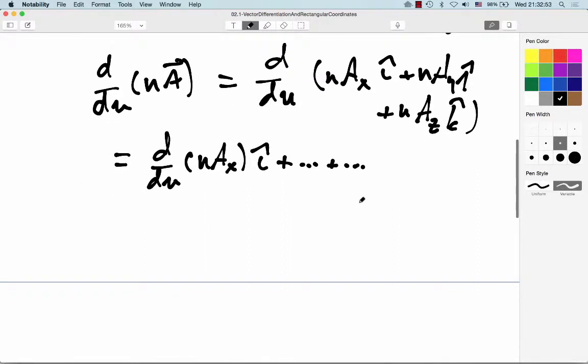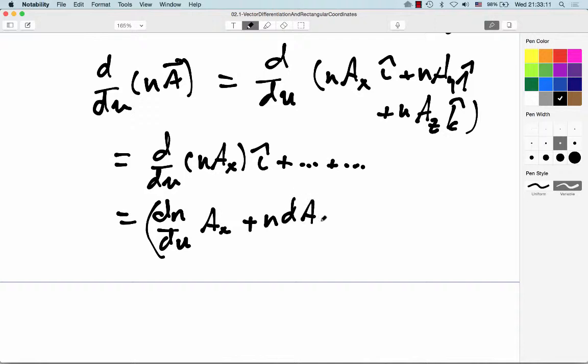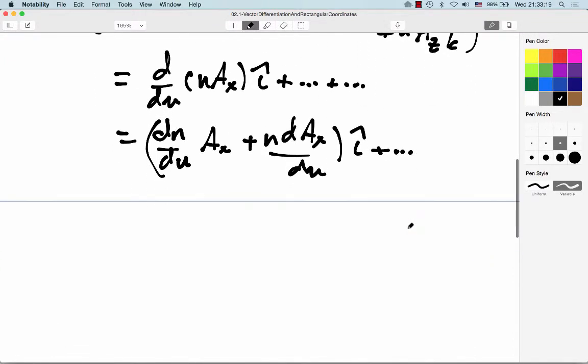Now, I'm differentiating this bit right here. The chain rule applies. So I will have dn du times A sub x plus n dA sub x du times i hat plus similar terms for y and z.